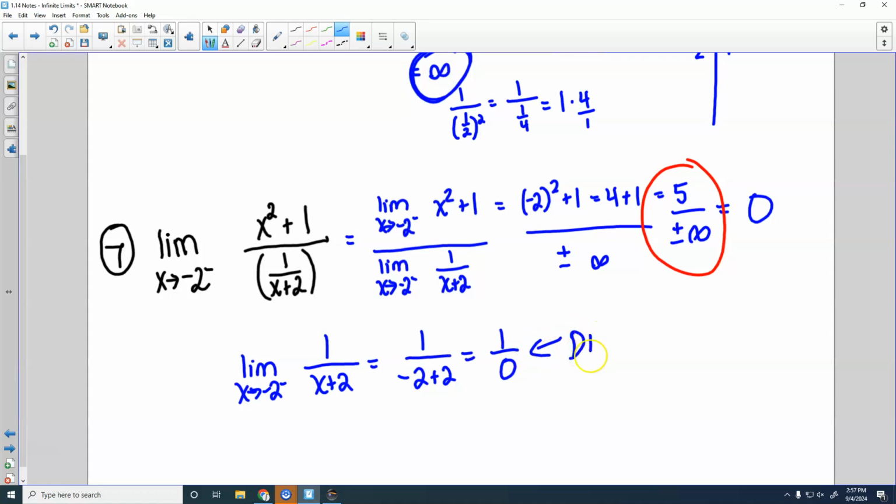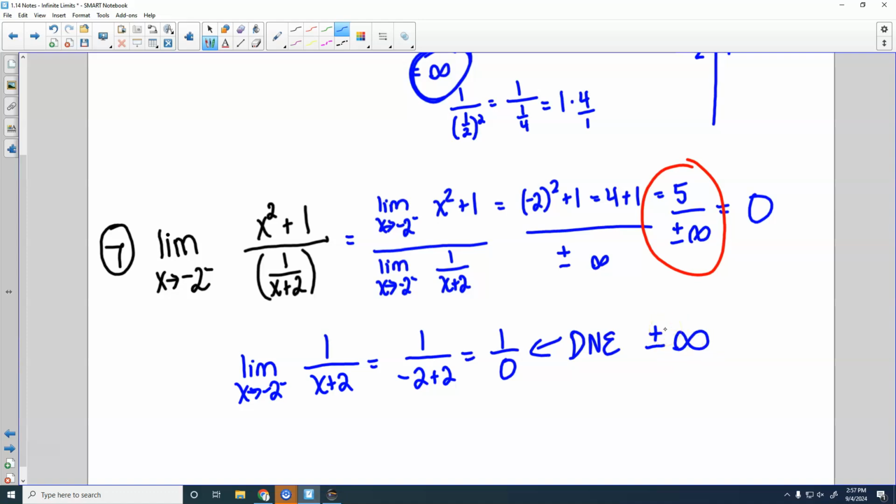This tells us it does not exist. The bottom part of that limit does not exist. There's a 0, it does not cancel, and your numerator is not 0 either. So since this does not exist, it's either positive or negative infinity for these types of problems.